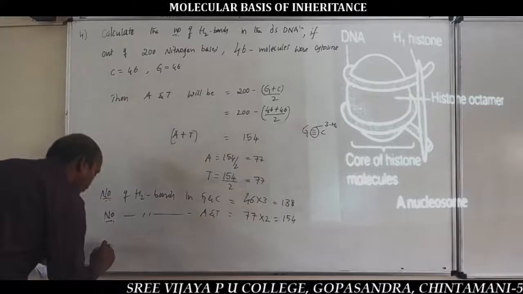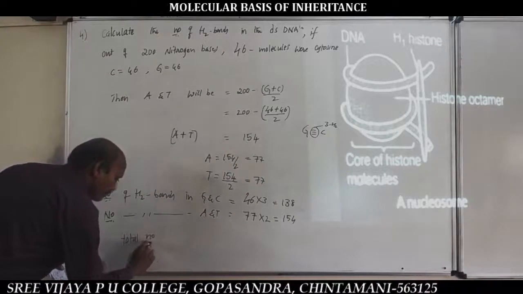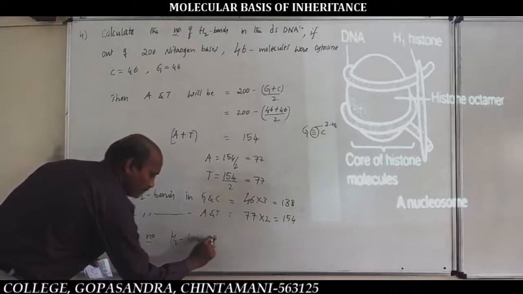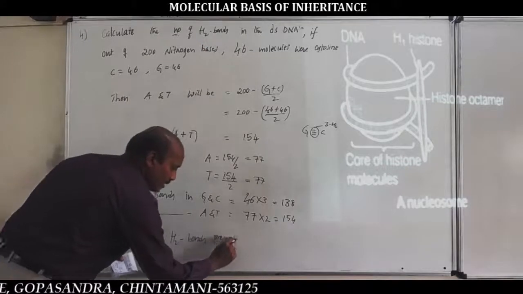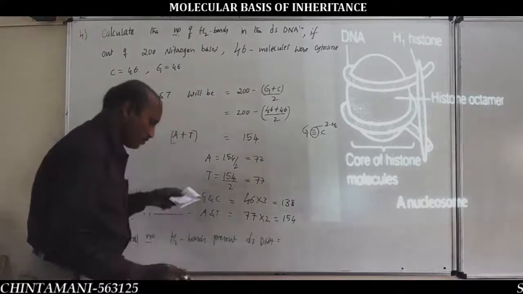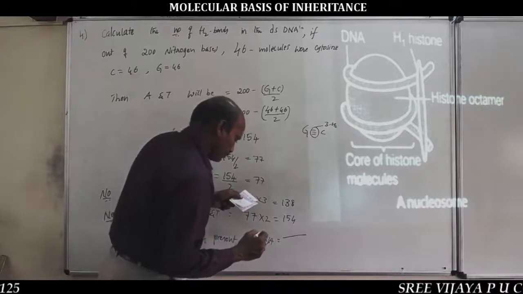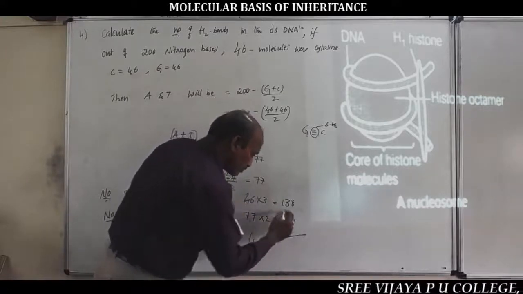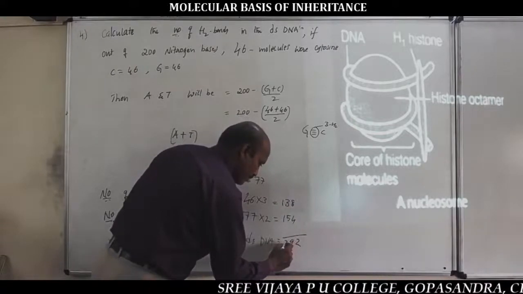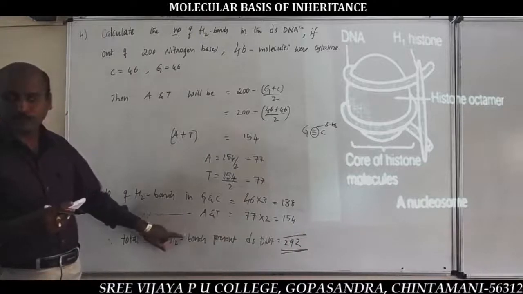Total number of hydrogen bonds present in the double stranded DNA equals 138 plus 154, which is 292 hydrogen bonds.